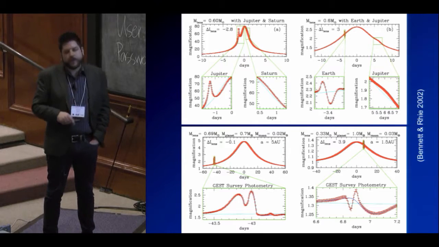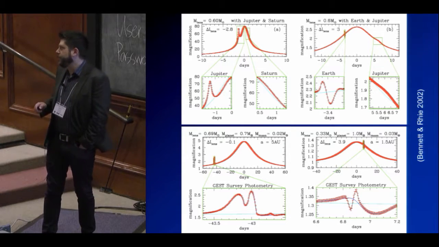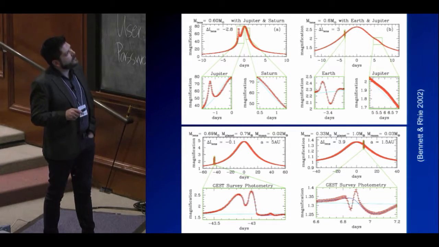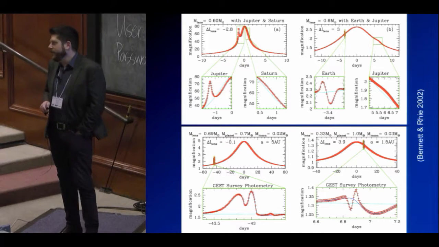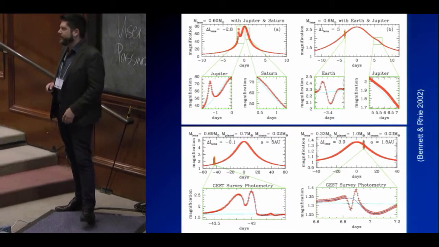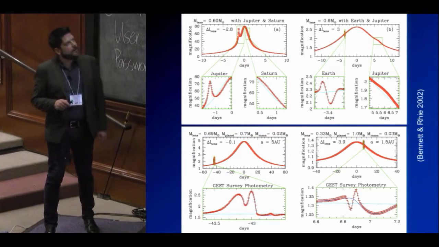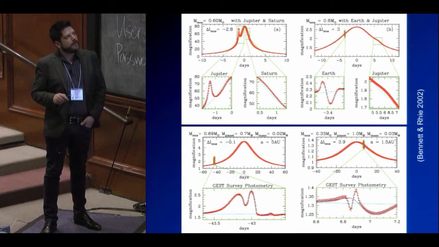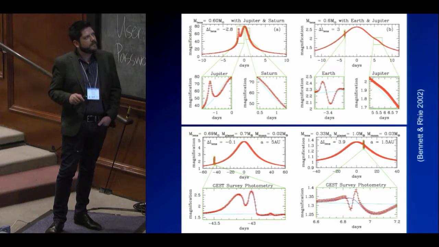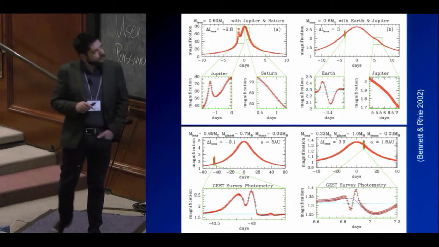Here's the signal from the Jupiter, which is pretty obvious. But here's the signal from the Saturn, which is basically this vague shoulder on top of your microlensing event, which you can imagine could easily be mimicked by systematics. So if we want to find lots of multiple-planet events, like Jupiter and Saturn, we're really going to have to figure out how to control our systematic errors at this level.